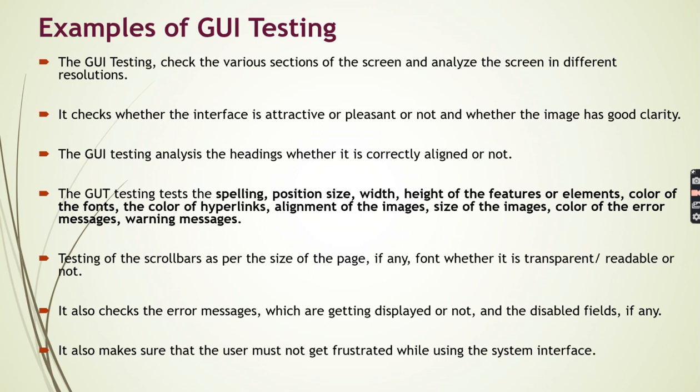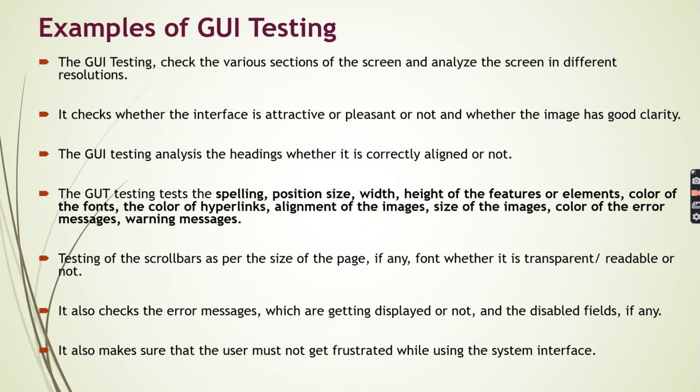Essentially, GUI testing checks the various sections of the screen, analyzing the screen in different resolutions. It checks whether the interface is attractive or pleasant, and whether the image has good clarity. GUI testing analyzes whether the heading is correctly aligned or not.